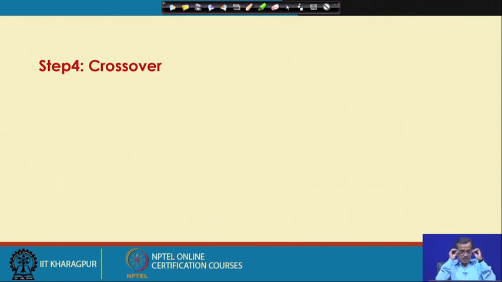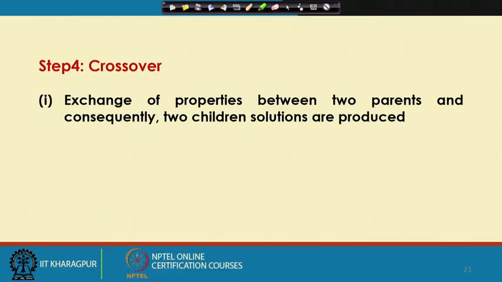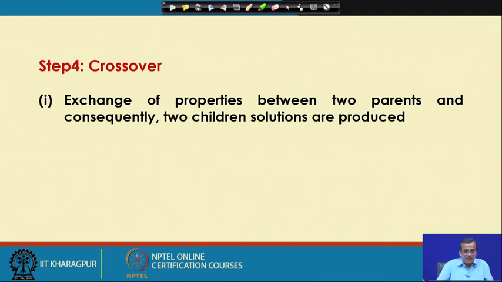Now, then comes the concept of the crossover, that is step 4. In crossover, actually what we do is we exchange properties between two parents and consequently two children solutions will be created, and some new properties will be coming due to this crossover operator.